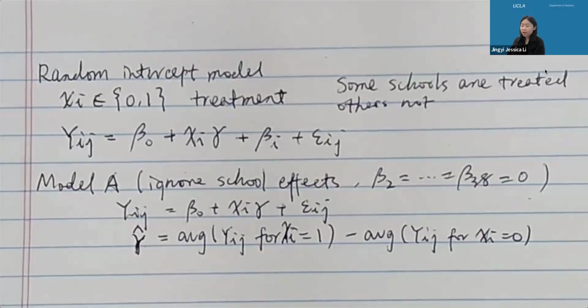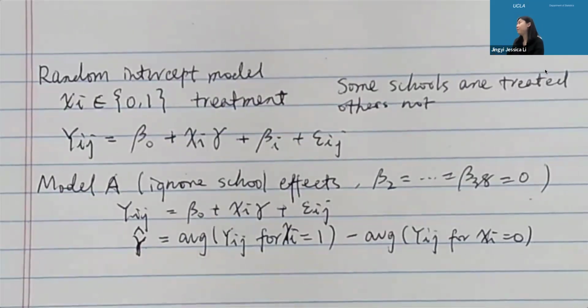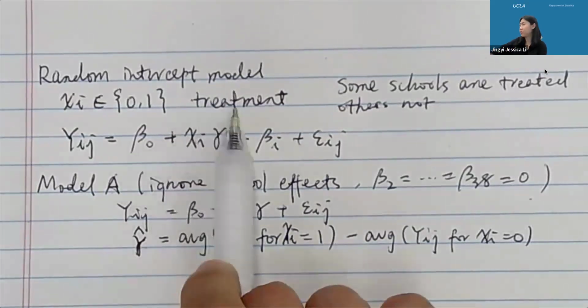Okay, but the problem here is that you totally ignore the school's effect. It's possible that the students in one school are more similar. And also it's possible that the school sizes are very different. So what if you have just a dominant school in one cohort treatment?